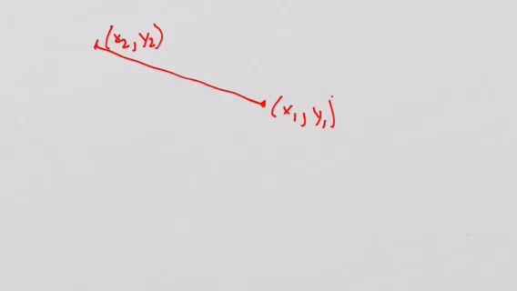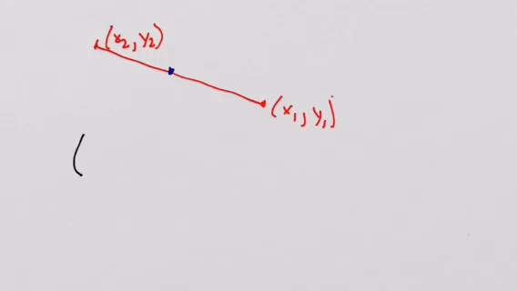So, if we think about it, if I draw a straight line, we'll call this point x1, y1, and then call this point x2, y2, we would expect a point that's halfway between them to actually be halfway between these points in both the x direction and the y direction. And that is indeed what we get.